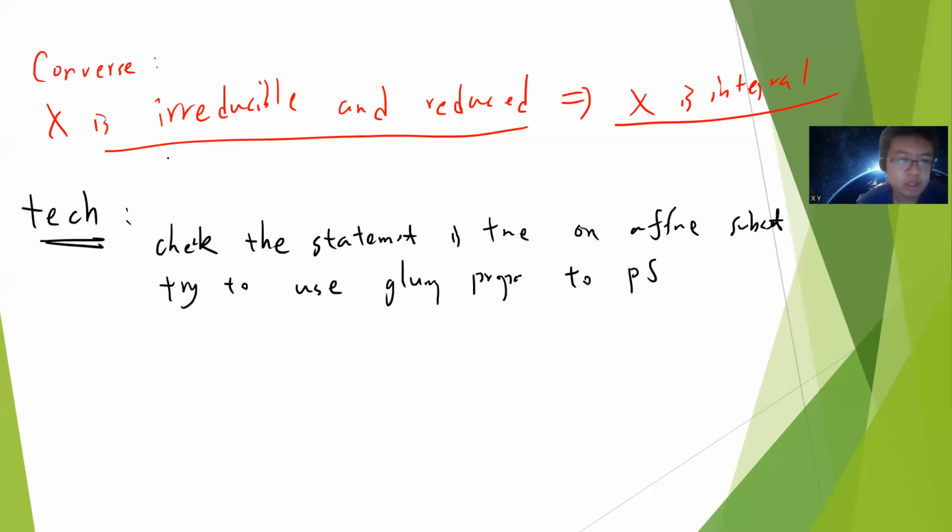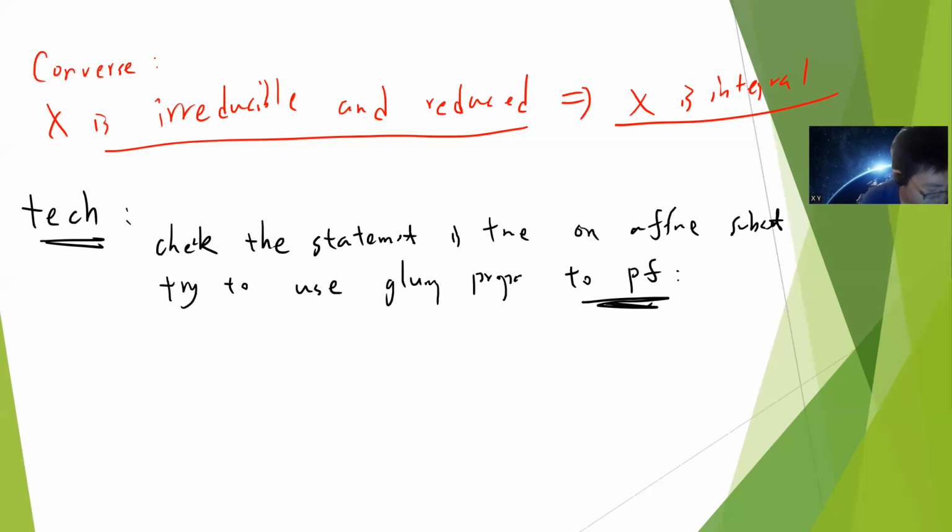So basically the key technique is that you always focus on the affine subset. If the statement is true on an affine subset, then you use the gluing property or the sheaf property to prove what you need. So this is the general strategy.